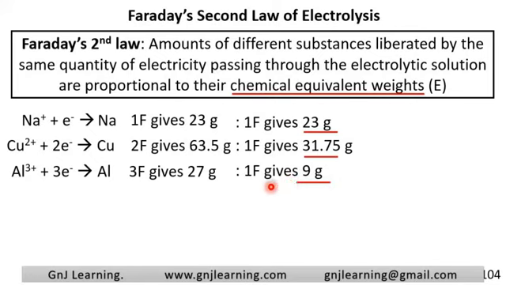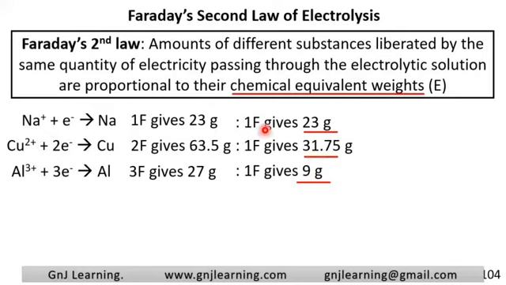If I am passing 2 Faraday, what will be the mass here? It is 46 grams. For copper, it is 63.5 grams. In the case of aluminium, it will be 18 grams. That means they are multiples of these chemical equivalent weights.